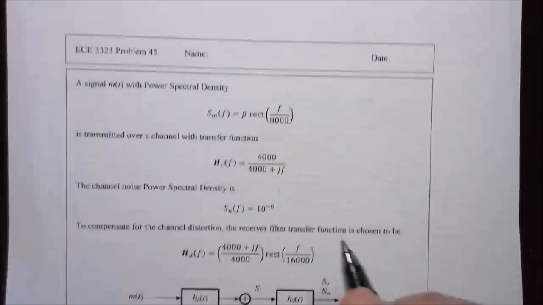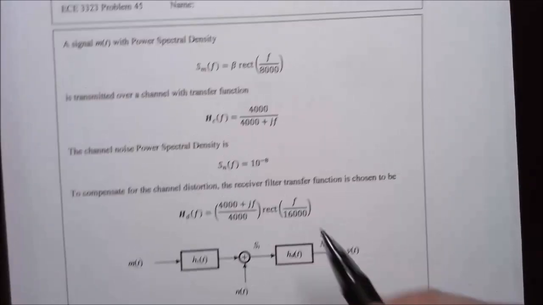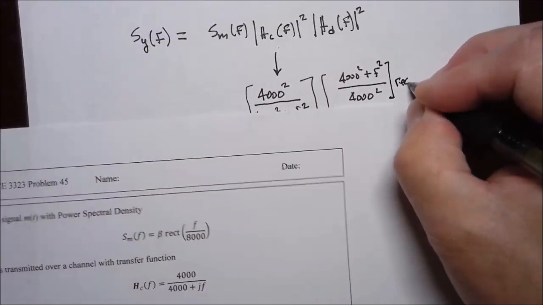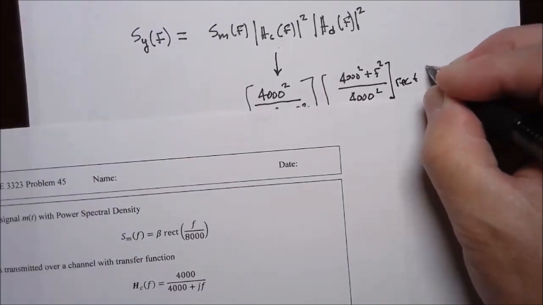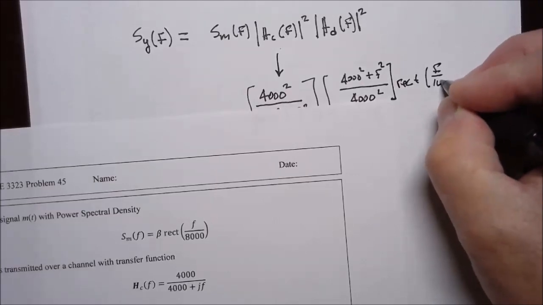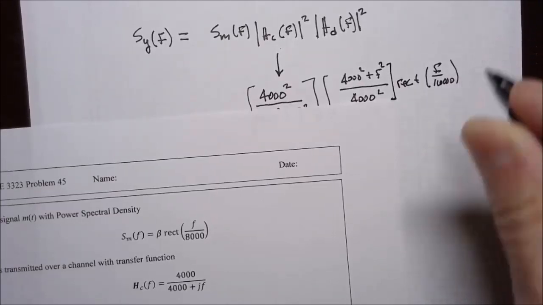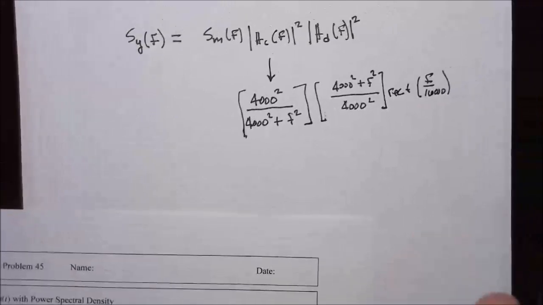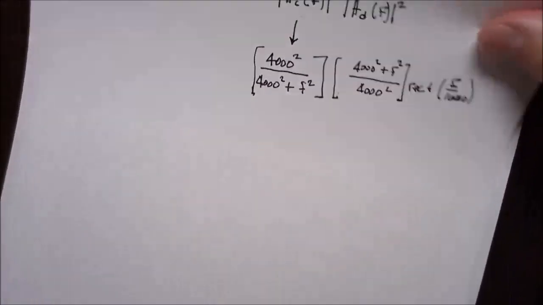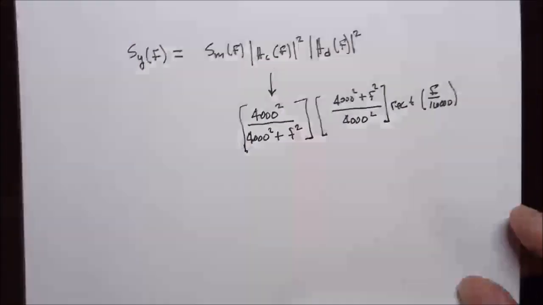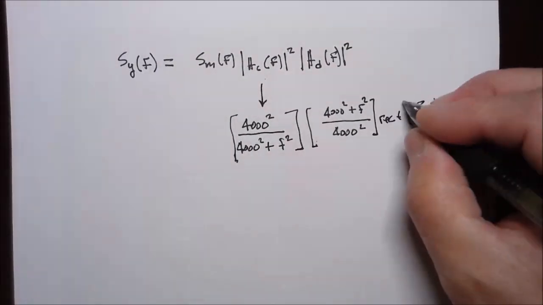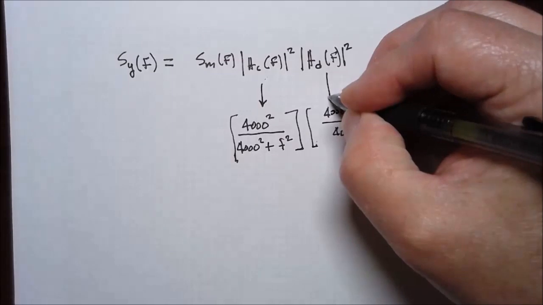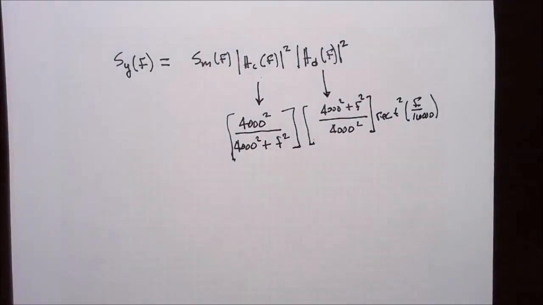And then that's multiplied by this rectangle squared, but a rectangle squared is easy to do. It's 0 outside the limits of the rectangle, and inside the limits of the rectangle it's simply 1 squared, so you can figure that out.